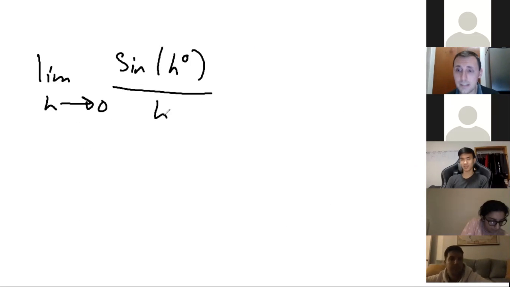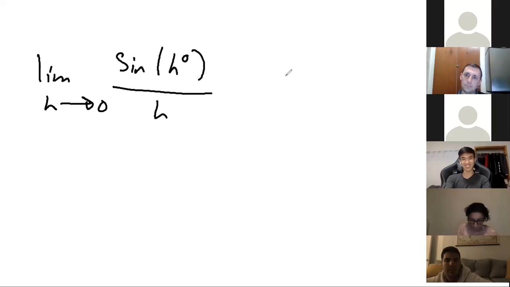In degrees, yes. Well, h is going to 0, so the sine of h degrees goes to 0 and the denominator h is going to 0. Good?